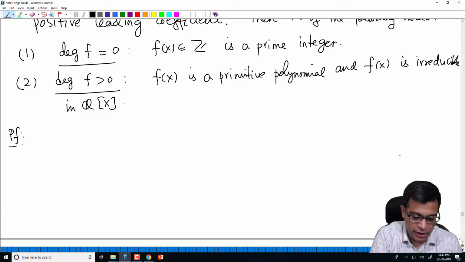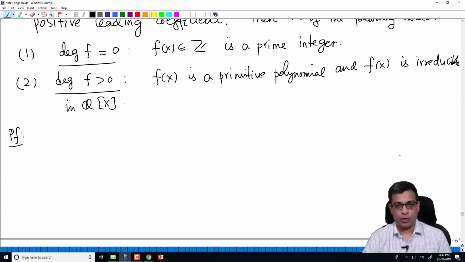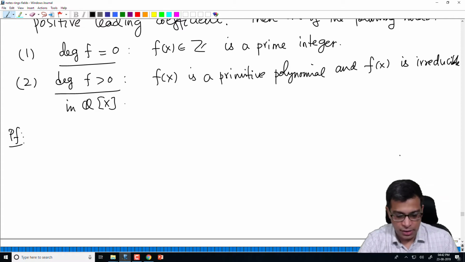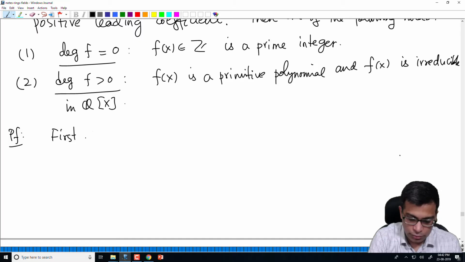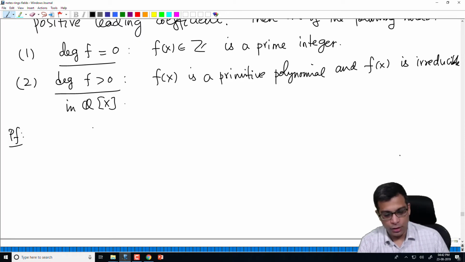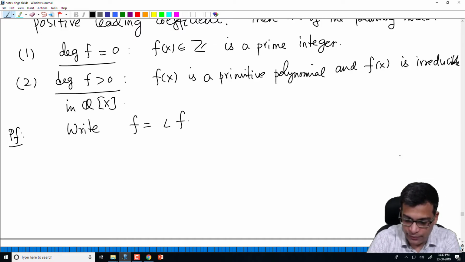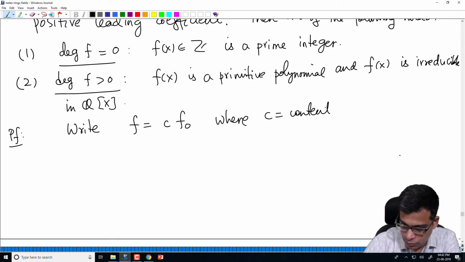So let's prove this quickly. This is again not difficult given whatever we have done so far. So we'll first consider the case. Write f as c f0, where c is the content of f and f0 is primitive.